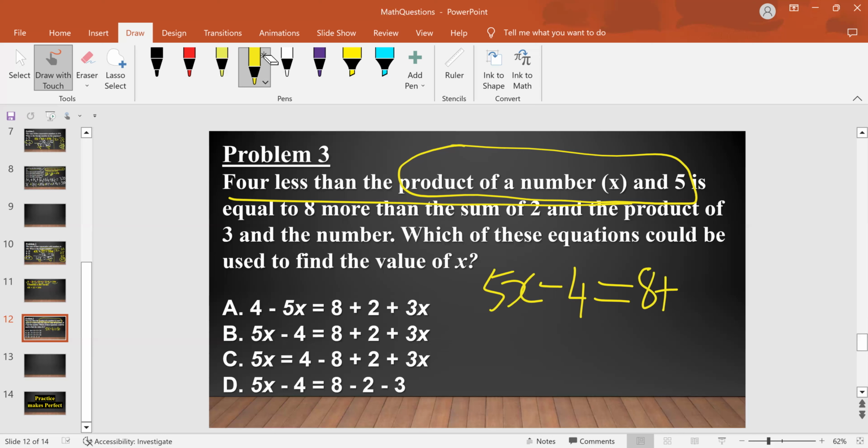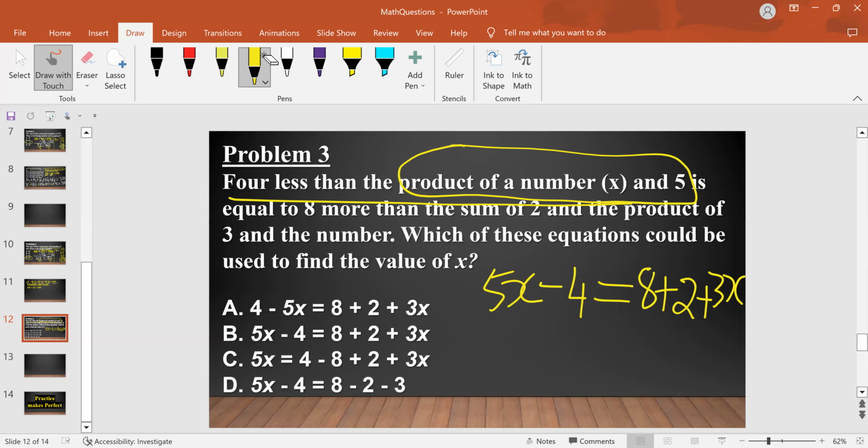More than means plus. Plus the sum of what? The sum of 2 and the product of 3 and the number. So that means you have 8 plus 2 plus 3x.